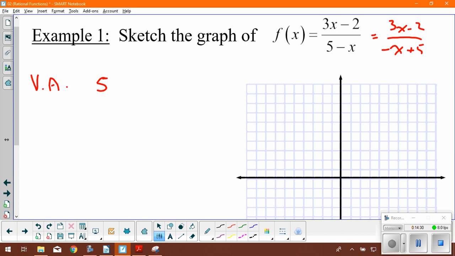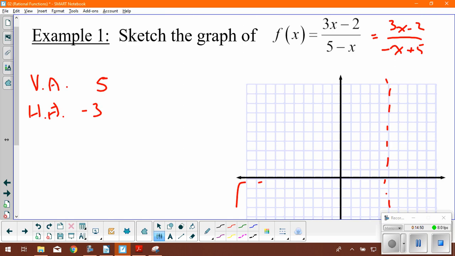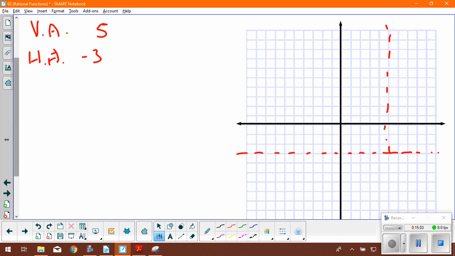Okay, so we'll add this onto our graph as we go. 5. My horizontal asymptote, that's the ratio of the x terms, so that would be negative 3. So I should have an asymptote down here. My x-intercepts, my y-intercepts.